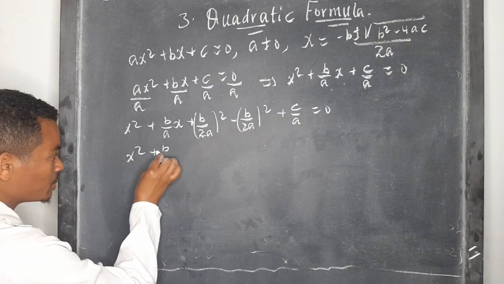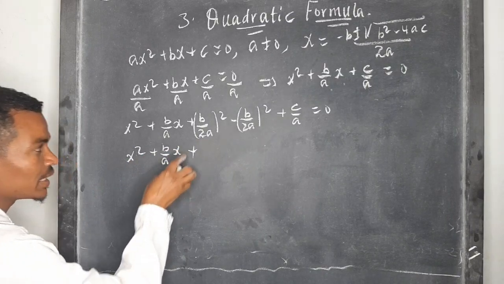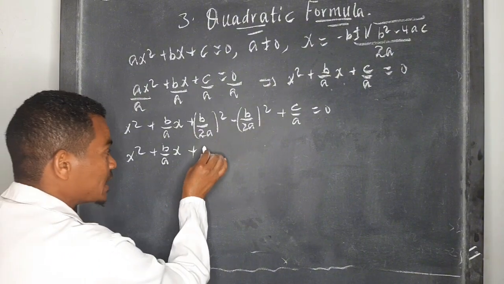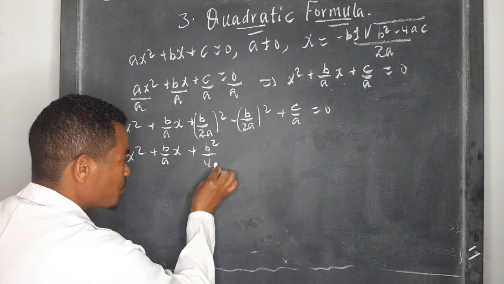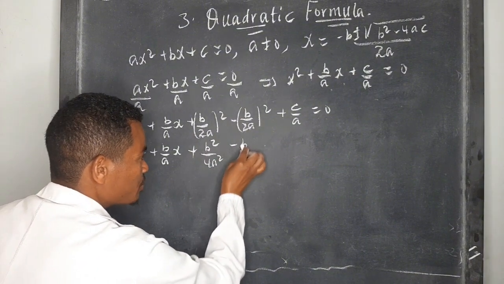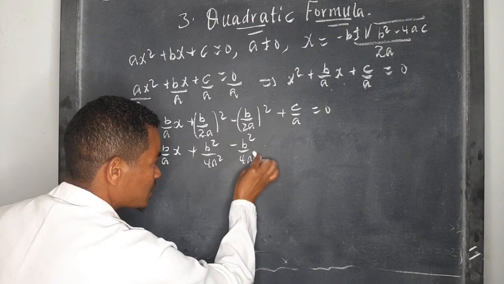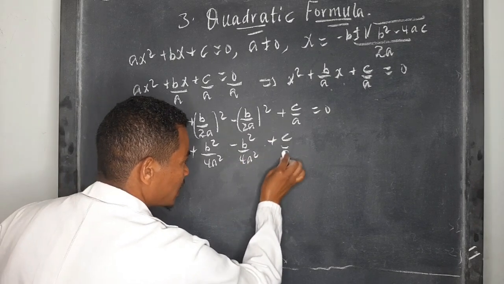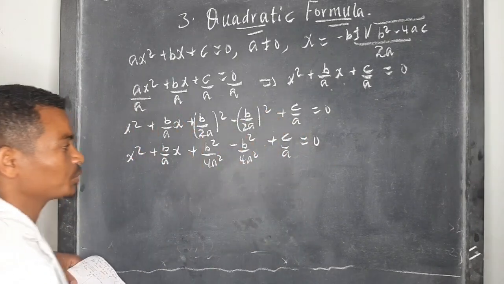This is the same as x square plus b over a x plus b square over 4a square minus b square over 4a square plus c over a is equal to 0.